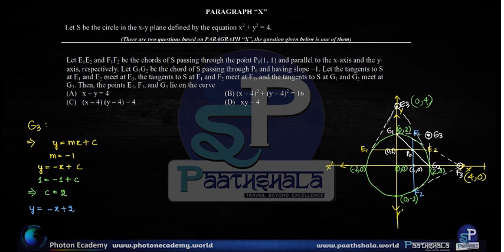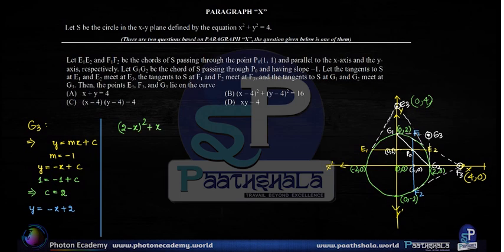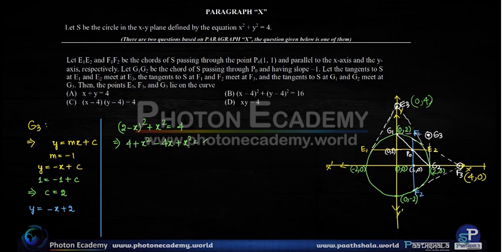Putting the equation of y in the equation of the circle to get the x coordinate, we have two minus x whole square plus x square is equal to 4. That implies 4 plus x square minus 4x plus x square is equal to 4.